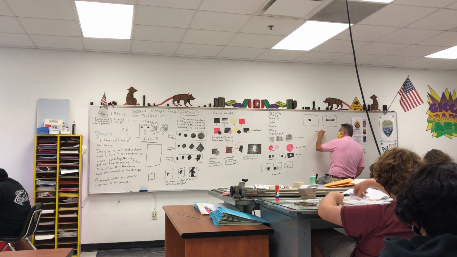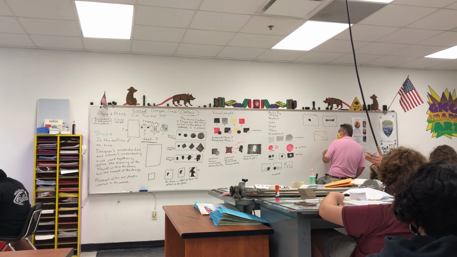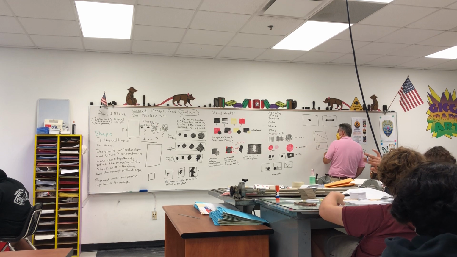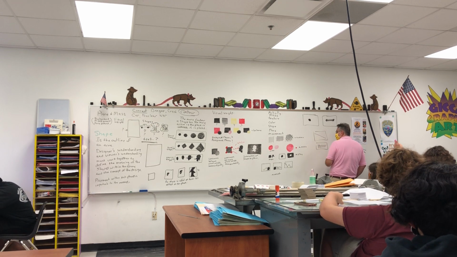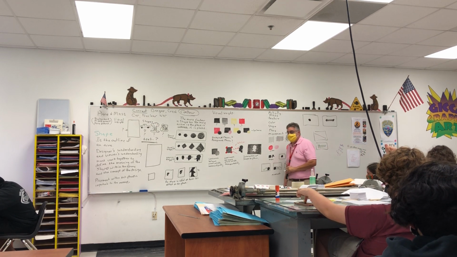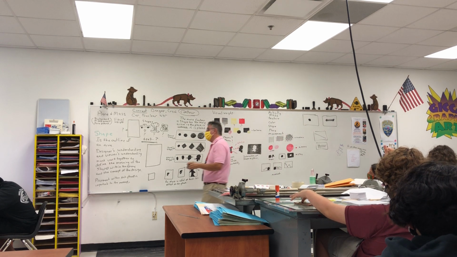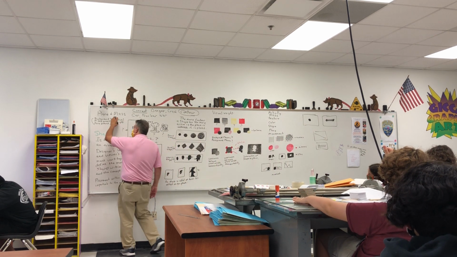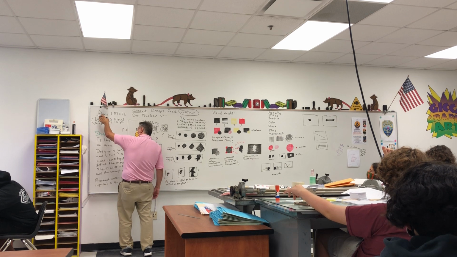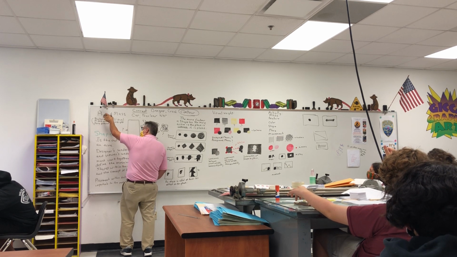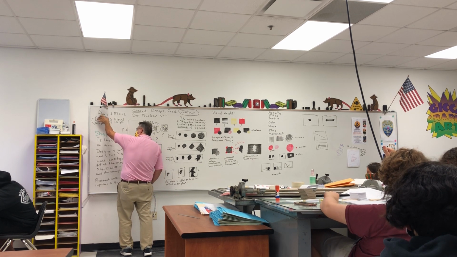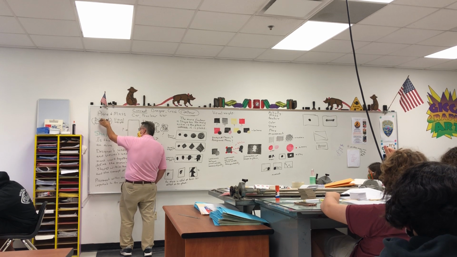We talked about line the other day, how we want diagonal lines, vertical lines, horizontal lines. Now we're going to be talking about plane and mass. Especially in video and graphic design, we're going to be talking about background, middle ground, and foreground. Those are our planes.